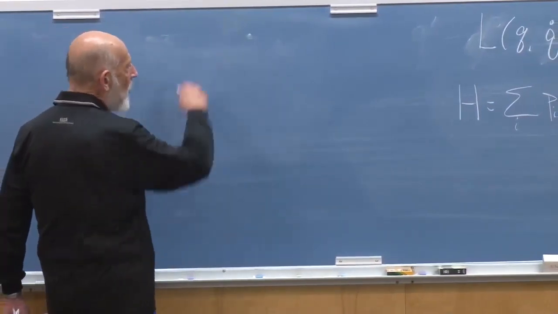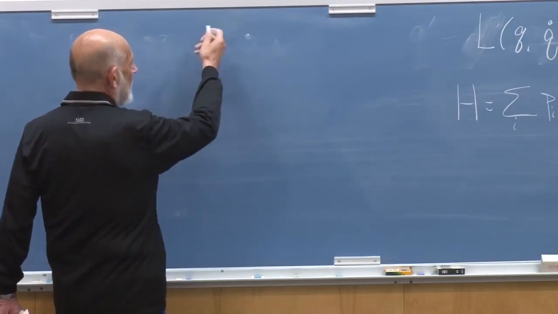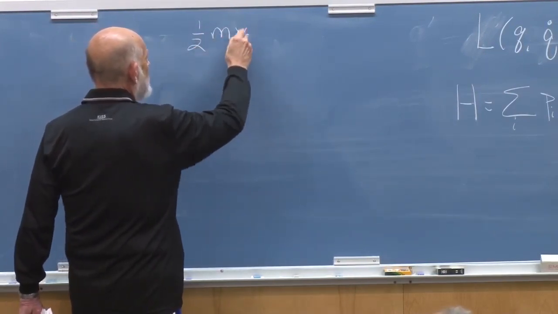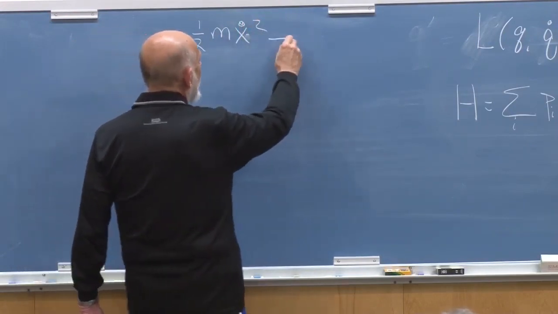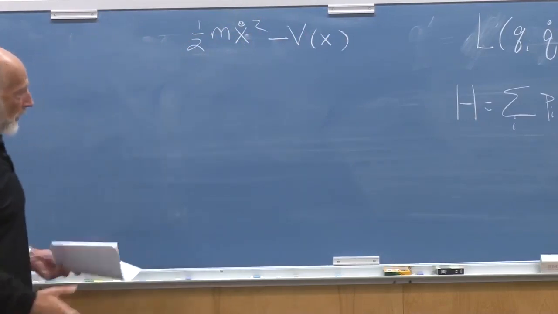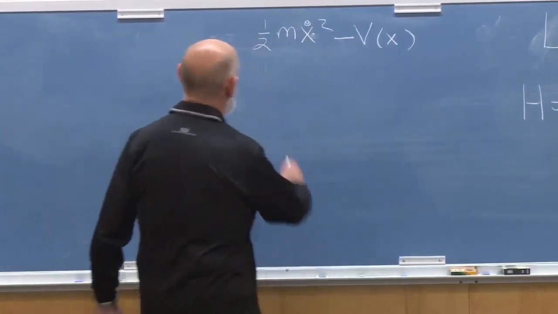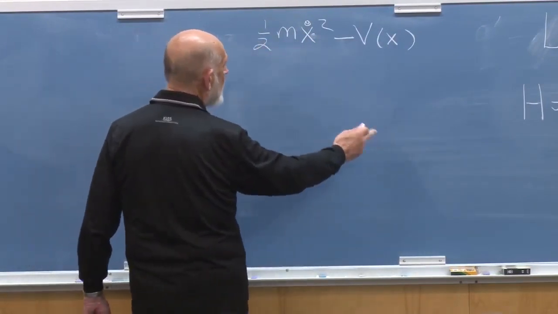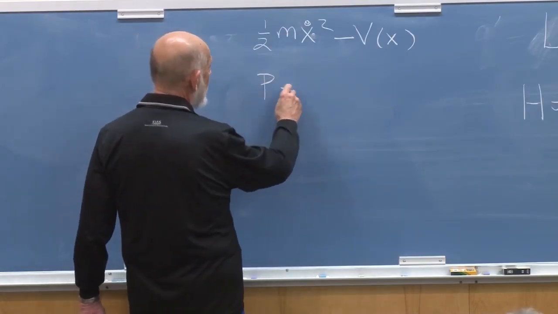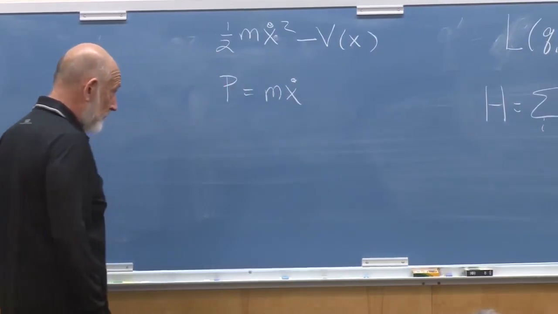If the Q happens to be x, just a coordinate, and the Lagrangian is 1/2 m x dot squared minus V of x, a potential energy, a function of x, let's just work out what the Hamiltonian is. First of all, there's the canonical momentum. The canonical momentum is the derivative of the Lagrangian with respect to the velocity. So P, in this case, is just equal to m x dot, just exactly what you'd expect.